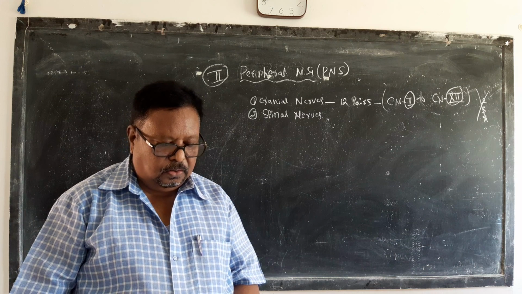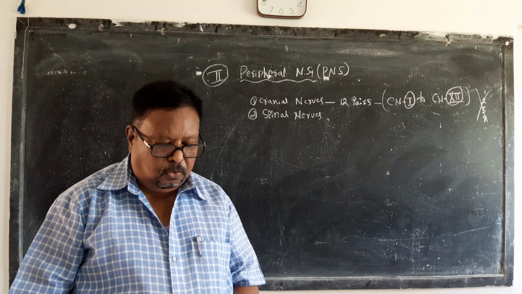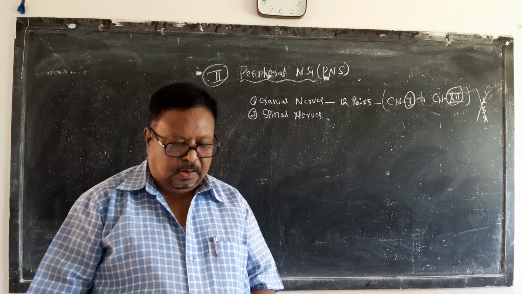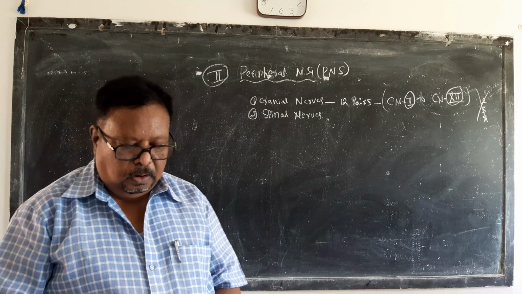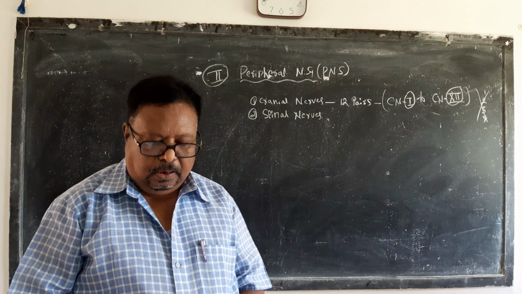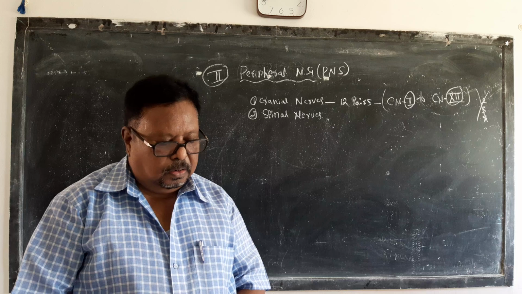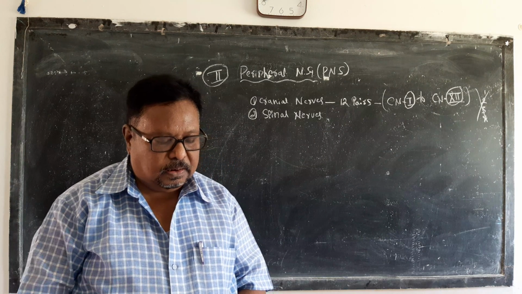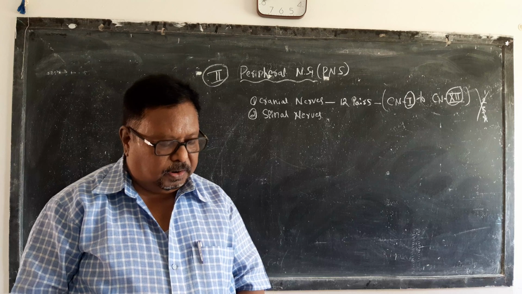The third one is the oculomotor nerve, CN3, motor to the muscles which move the eyeball.